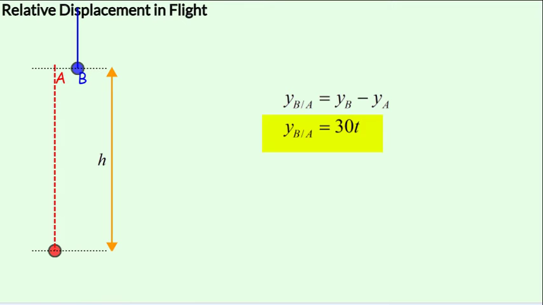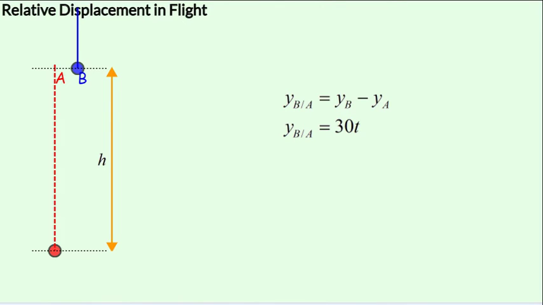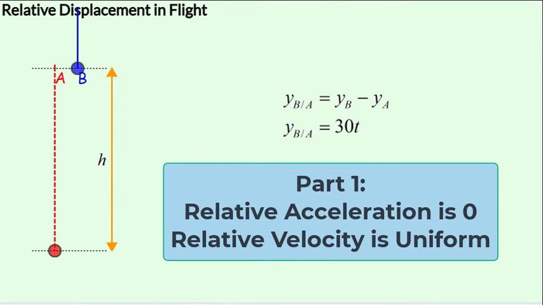Now this is for the first part where both are in motion, that is, the first 8 seconds. Here you can see that since both the accelerations for A and B are identical, their relative acceleration is 0, and therefore their relative velocity will be a uniform velocity, and that would imply that the relative displacement would be a linear function of time.